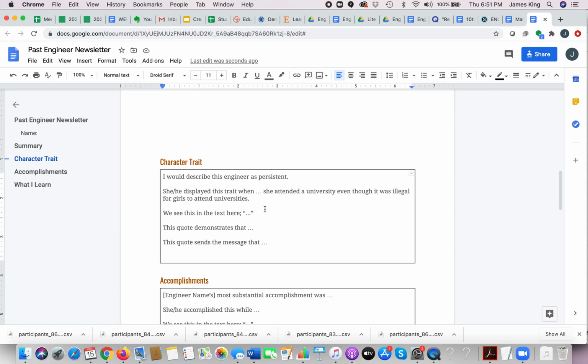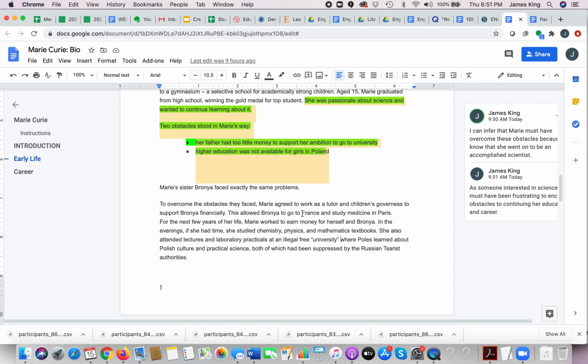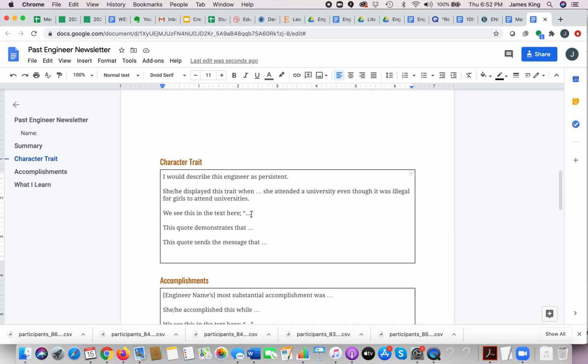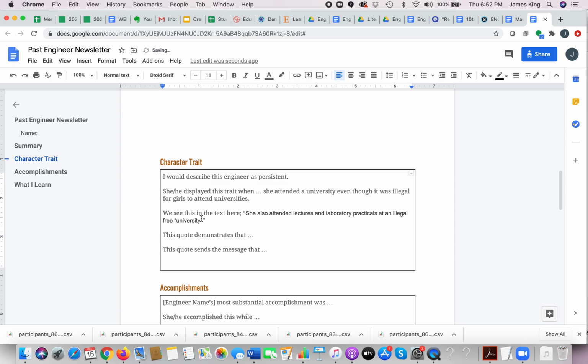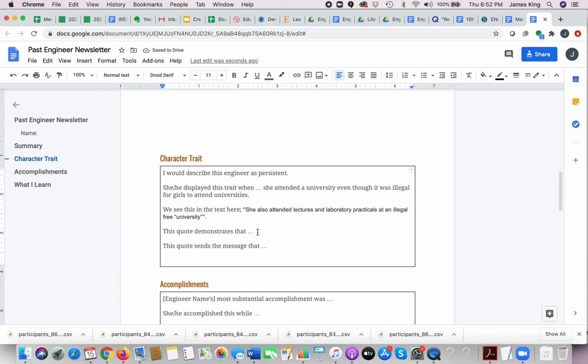We see this in the text here. Right? She also attended lectures and laboratory practicals at an illegal free university. Now that quote shows me exactly what I paraphrased above it. Bam. Let me fix those quotation marks. You can't have double quotes inside double quotes.